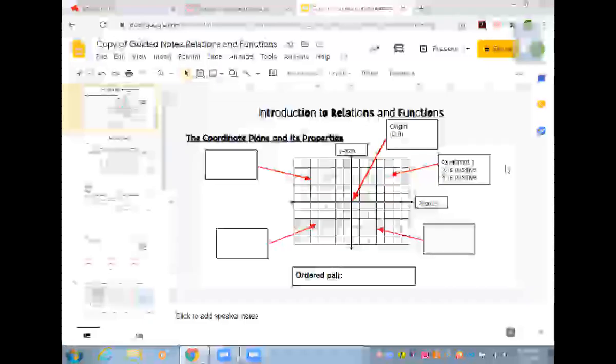Now we have to find quadrant 2. The question is, do I go down or do I go to the side to get quadrant 2? Do you remember? To the side, yes. This is quadrant 2.